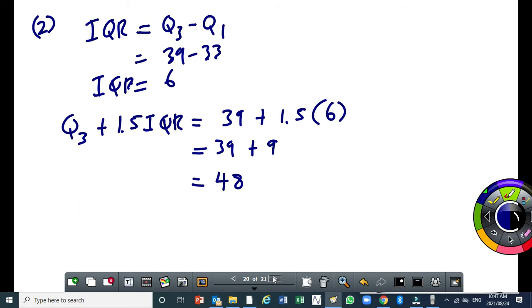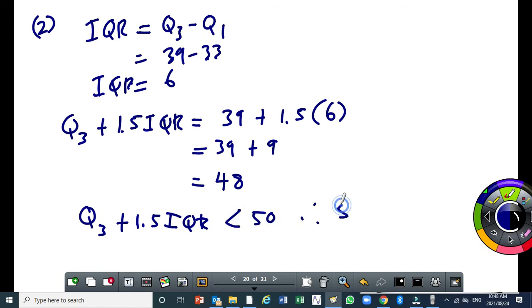So this 48 is our upper limit. What the question says, prove that. Therefore, we can say since Q3 plus 1,5 IQR is less than 50, therefore 50 is what? Is an outlier.